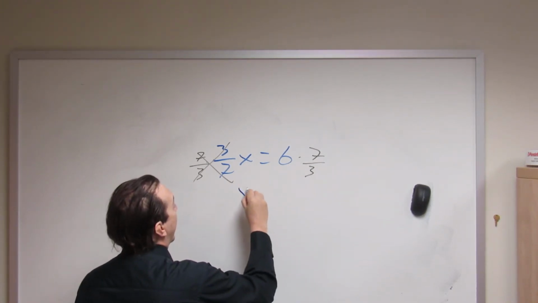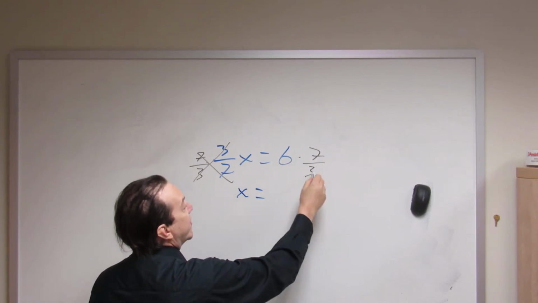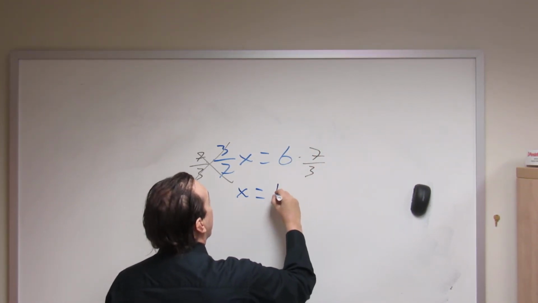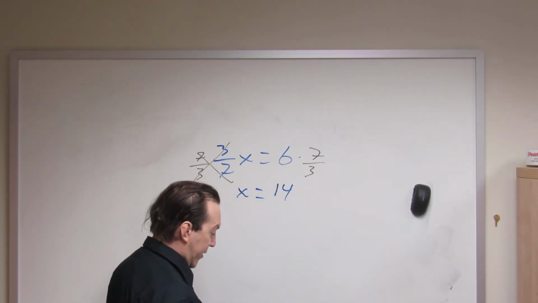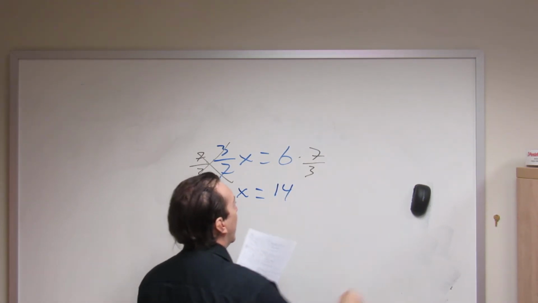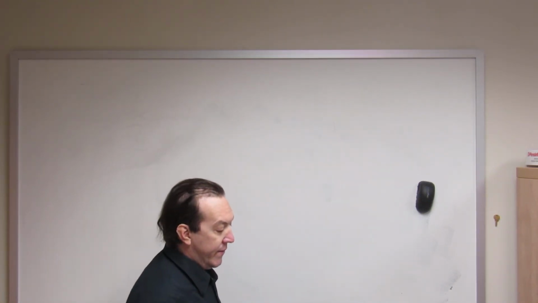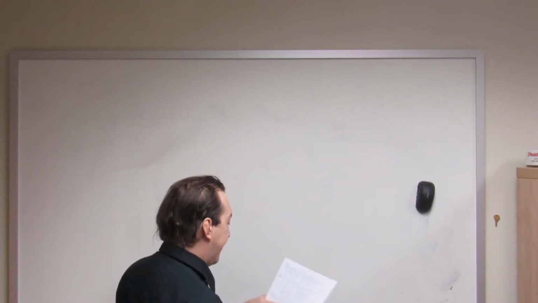So we're left with x equals 6 divided by 3 is 2 times 7 is 14. You could have also said 6 times 7 is 42, and then divided by 3 is 14. It doesn't matter what order you go in.